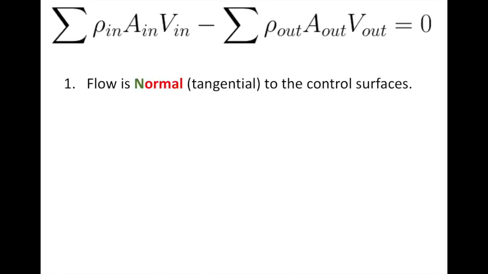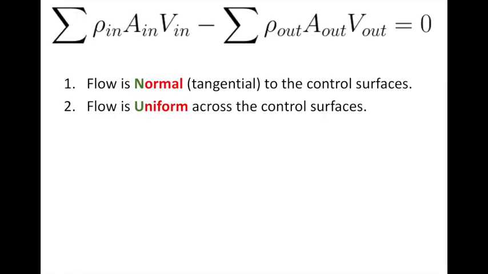So yes, in order to use this equation, we are assuming that the flow is normal to the control surfaces. Is it uniform? Yes, we don't have an integral. We don't have some form of the velocity with respect to distance along the control surface. So we're assuming uniform flow. Are we assuming steady flow? Yep. No partial with respect to time.